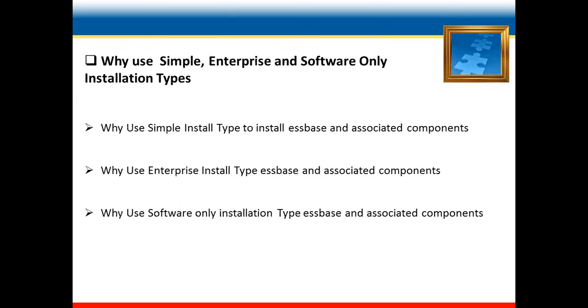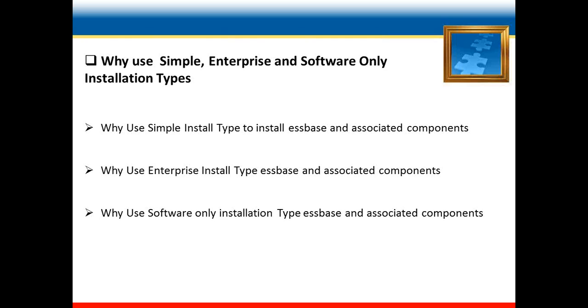And then why use simple, enterprise and software only installation type. First, why use simple install type to install Essbase and associate components. Simple install type is mainly used to create and configure the WebLogic server domain and deploy the Essbase Java Enterprise Edition components to the administration server.